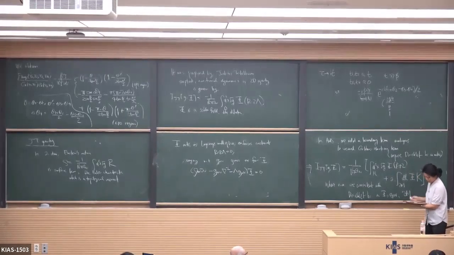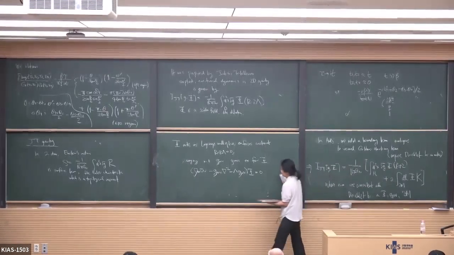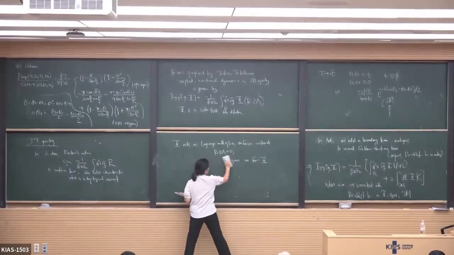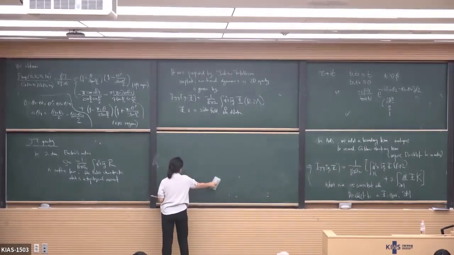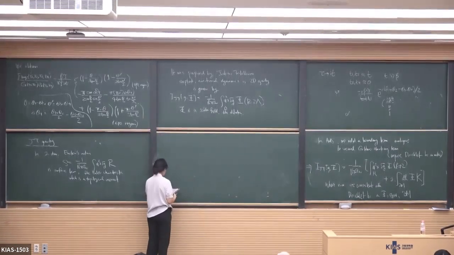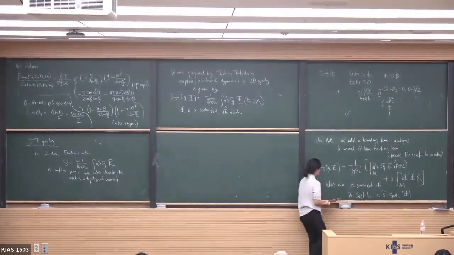So I'll just write down the definition of the extrinsic curvature for a general hypersurface. In 2 dimensions, the computation of the extrinsic curvature becomes relatively simple.